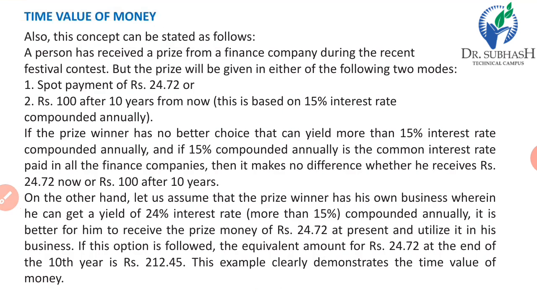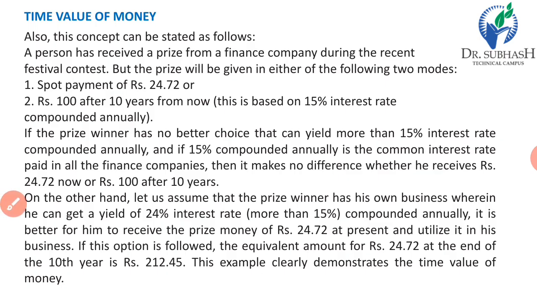Now see another concept. It can be stated as follows. A person has received a prize from a finance company during a recent festival contest, but the prize will be given in either of the following two modes.